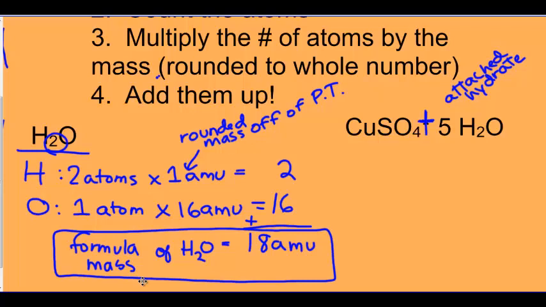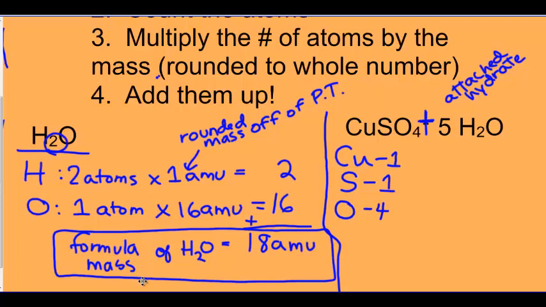Okay, so again, it's a little bit more complicated because it's bigger, but it's the same idea. You list your elements. Every element, even your polyatomics, you have to break apart because there's no atomic masses of polyatomics. So Cu, S, and O. Every capital letter is a new element. There's 1 copper, 1 sulfur, 4 oxygens.